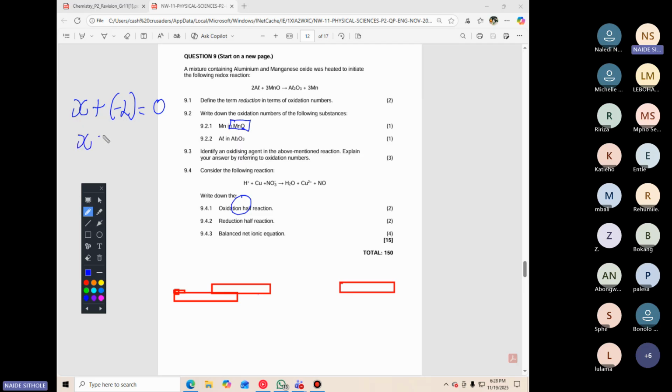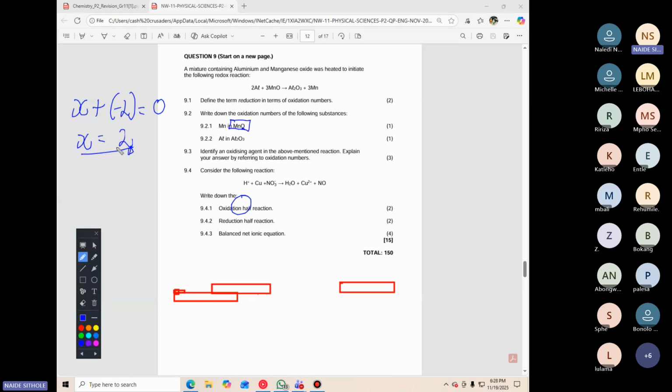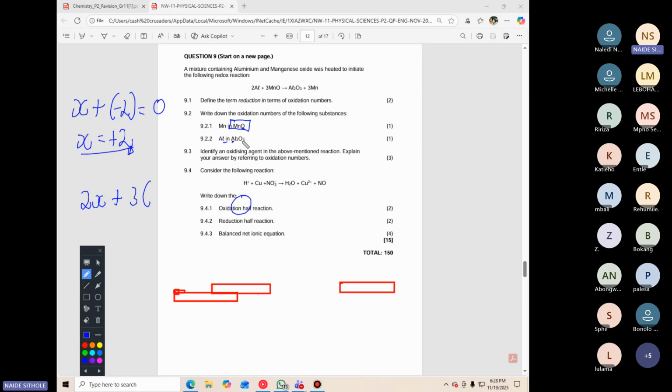Then x will be equal to 2, meaning the oxidation number for manganese is positive 2. For aluminum, again, we don't know the oxidation number, and here we are presented with 2 aluminiums. So this becomes 2x plus 3 oxygens, each with an oxidation number of -2.